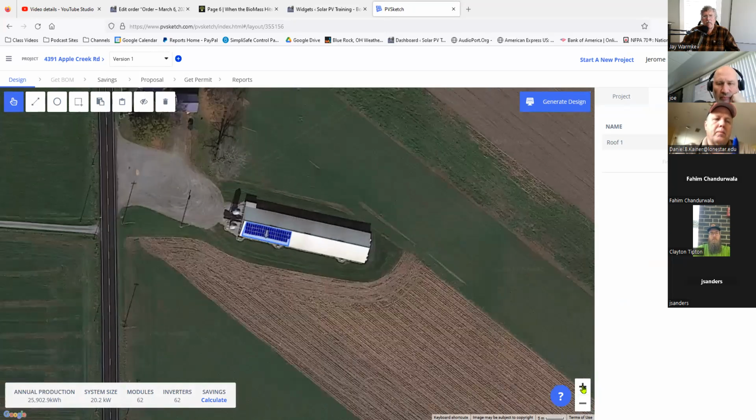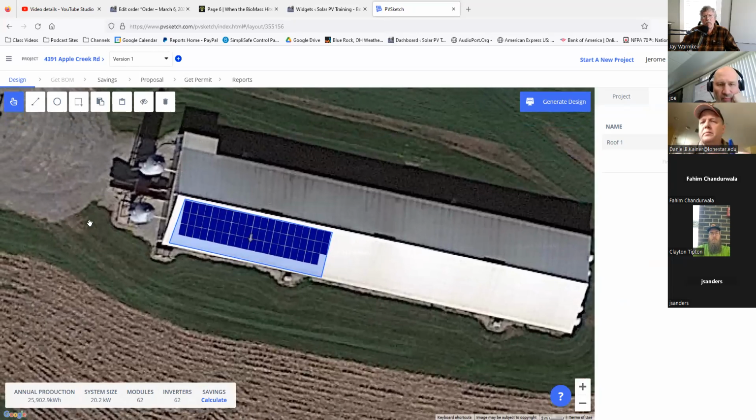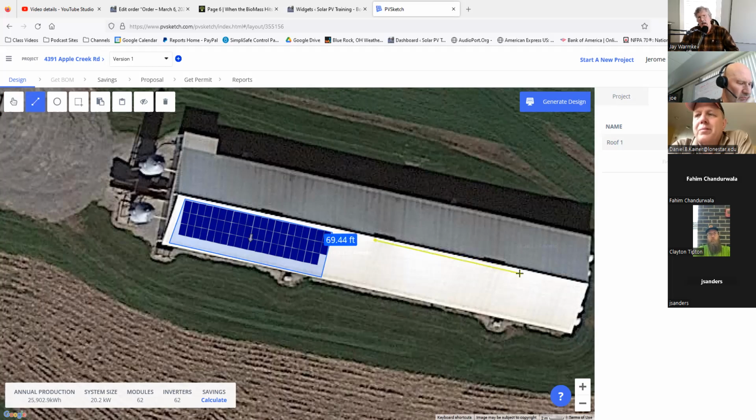Let's say we wanted to look at this particular location, you just simply punch in a number or an address, and it's going to bring the thing in. Let's say I want to go ahead and install a second array. You just take this tool and on the image of the property, draw it in.